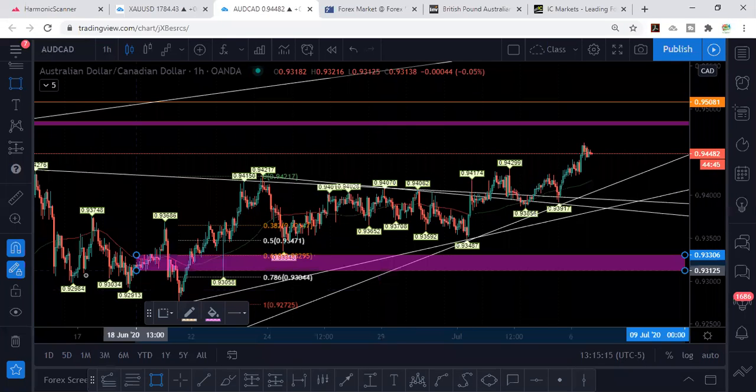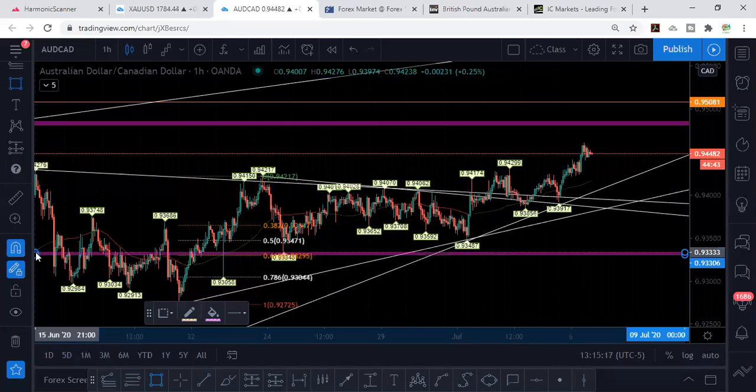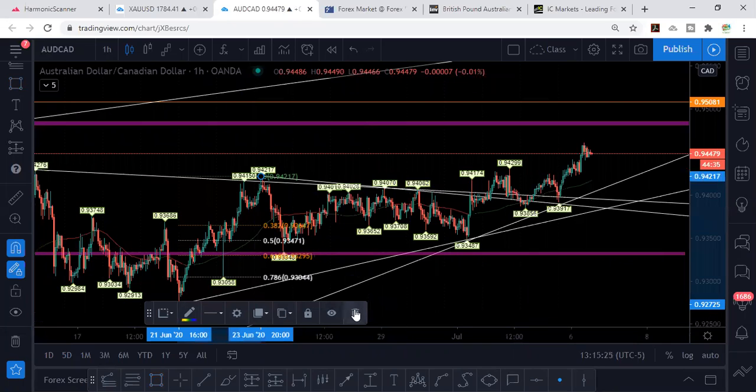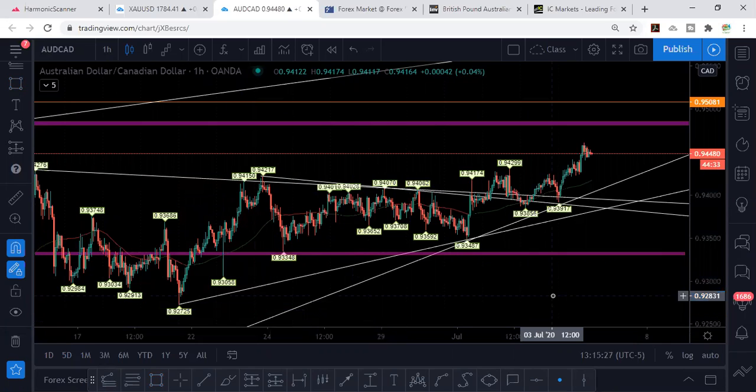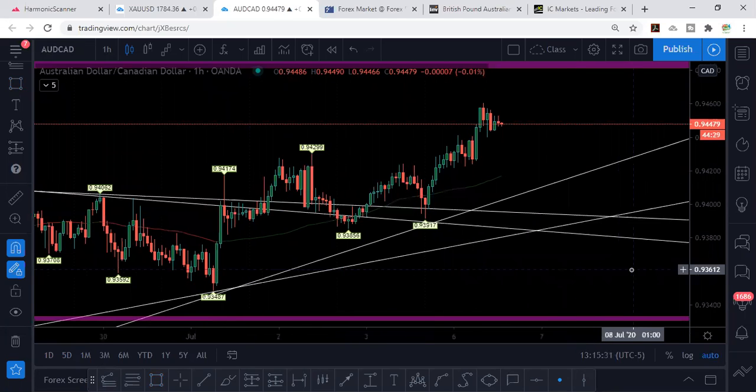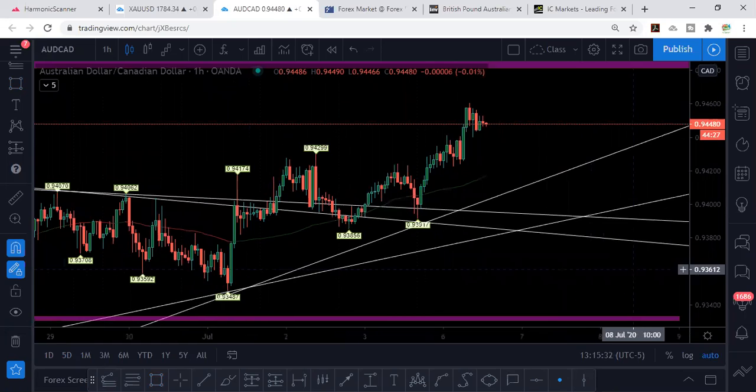But I think it will break the resistance. Let's wait and see.